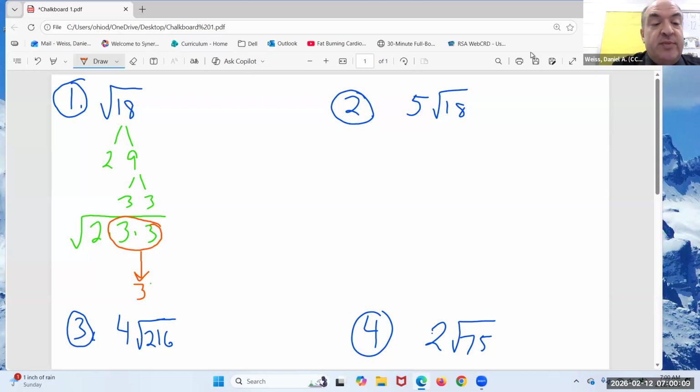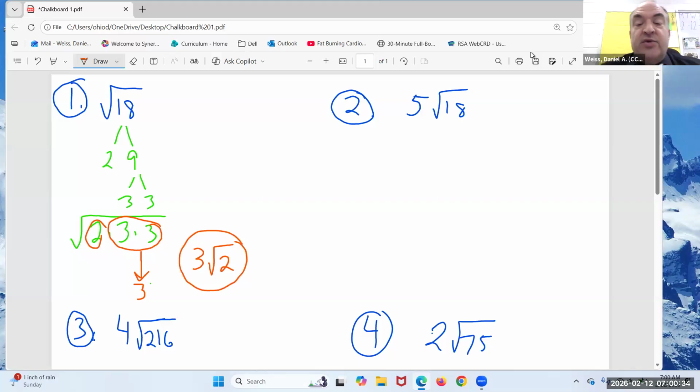So you take a pair out of the square root, and you wind up with just 3 square root of 2. The 2 just stays in the square root. The pair comes out and the 2 stays in, and that is your simplified answer.